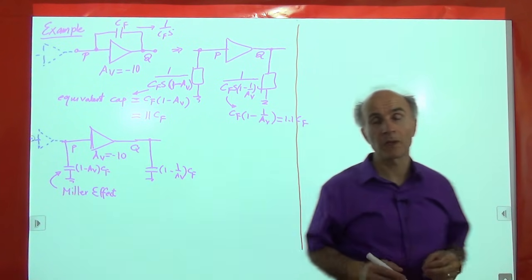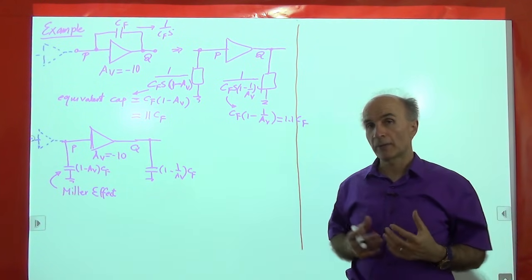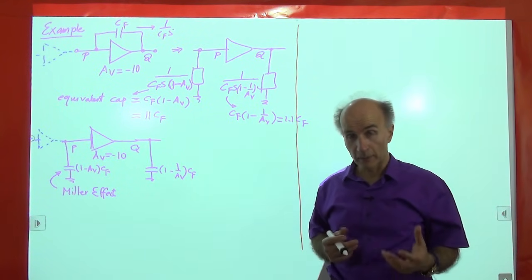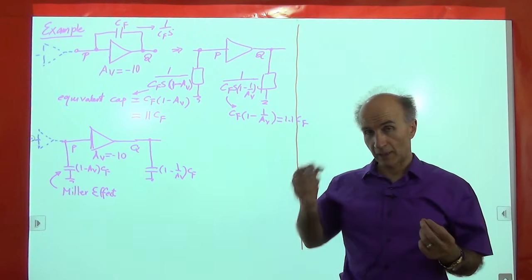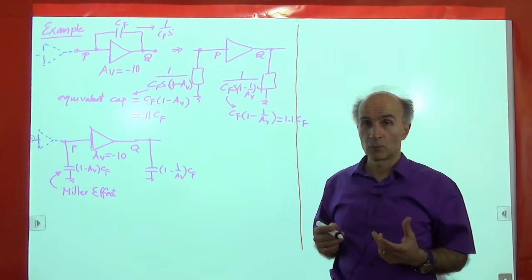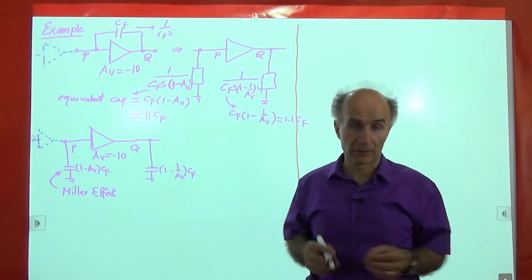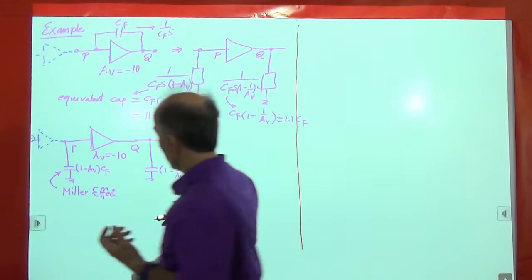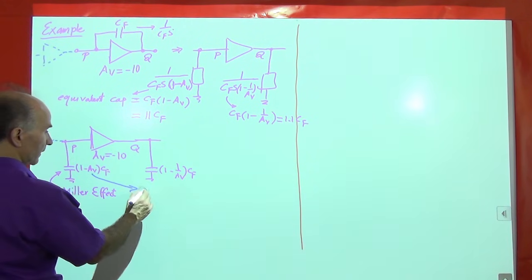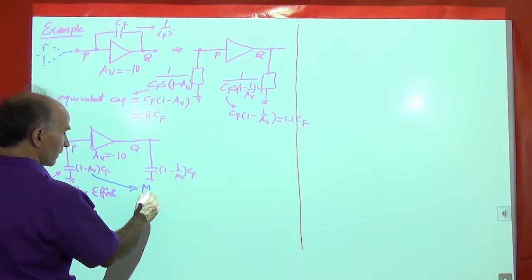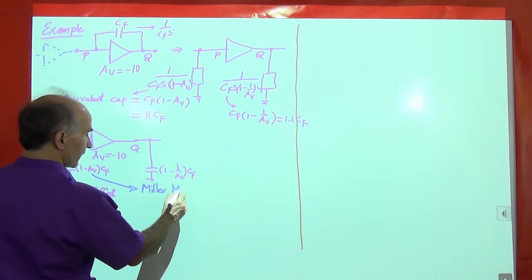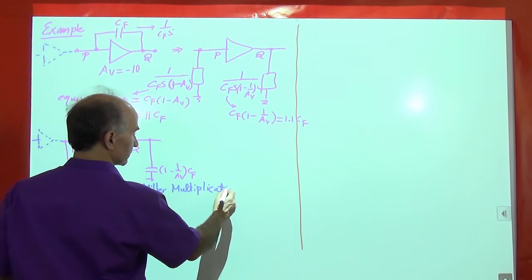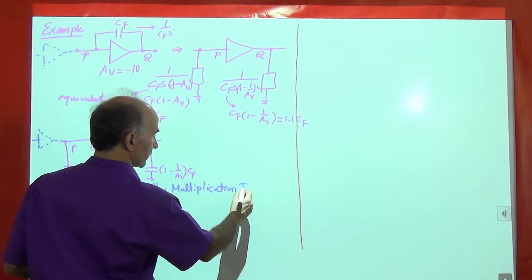All right? So this becomes a major issue in many high-frequency circuits, because in many circuits we do end up with a capacitor between the input and output of an inverting amplifier. We don't want it, but we inevitably have it. So now we have to deal with the Miller effect. In fact, there's a term for this. We say Miller multiplication factor.